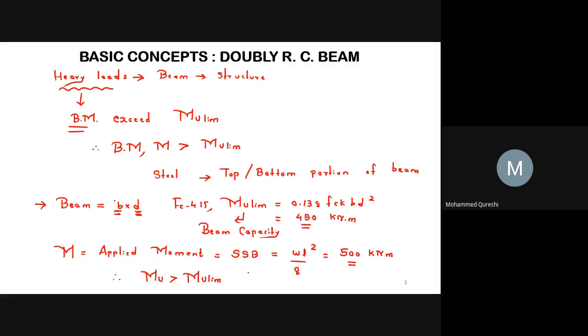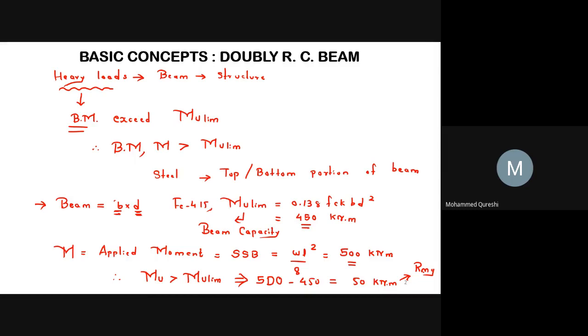So, in such a case, the value of Mu is 500 and the value of Mu limit is 450. So the remaining moment will be approximately equal to 50 kilonewton meter. This is your remaining moment.